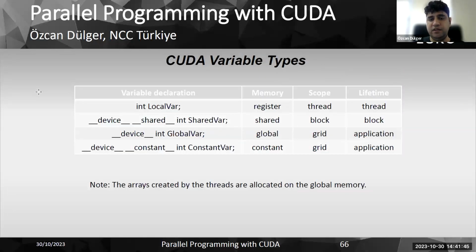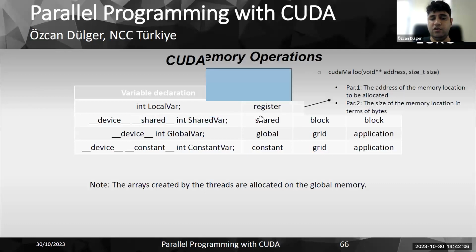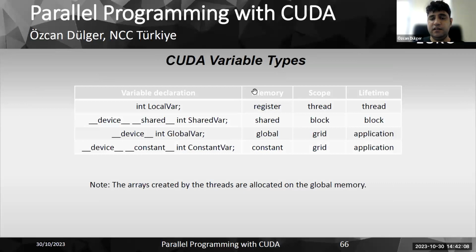There are some variable types in CUDA. A local variable is allocated on the register and can be accessed by its thread, and it is destroyed when the thread is destroyed. And we have a shared variable. It is a shared memory variable, and the threads in the block can access this shared variable.